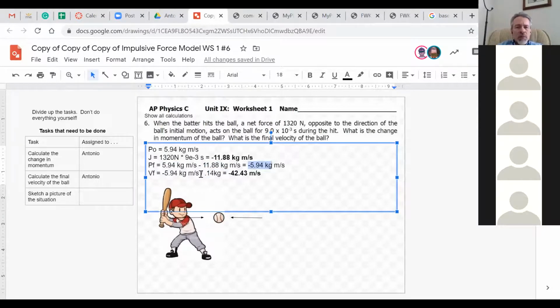And then we divided that by the mass of the ball, which is where we got that. Basically, it's the same speed but in the opposite direction, like the baseball is being bounced back. So it's coming in at 42.4 meters per second, and it's going out at 42.4 meters per second, which gives us this huge impulse of 11.88 kilograms times meters per second.